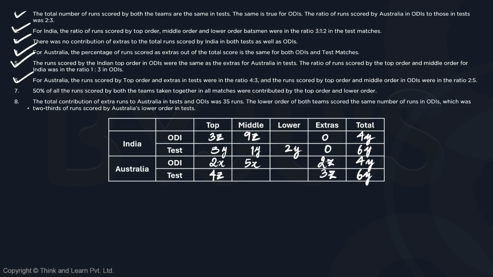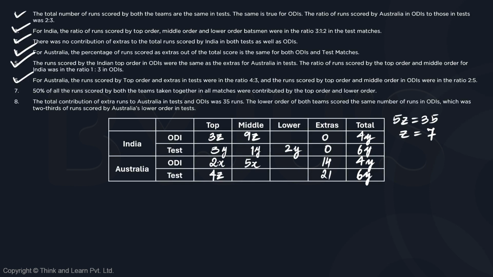Okay. Statement 8, the total contribution of extra runs to Australia in tests and ODIs was 35 runs. So 2Z plus 3Z, that is 5Z, is given as 35 runs. That gives us Z is equal to 7. And if Z is equal to 7, so 2Z and 3Z will become 14 and 21.